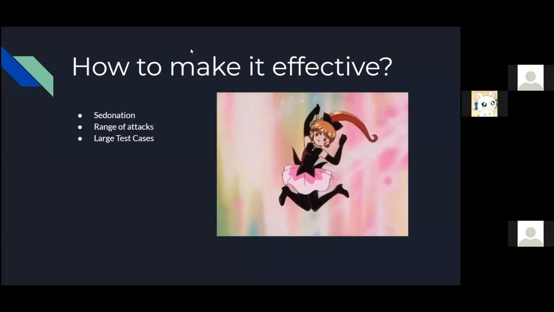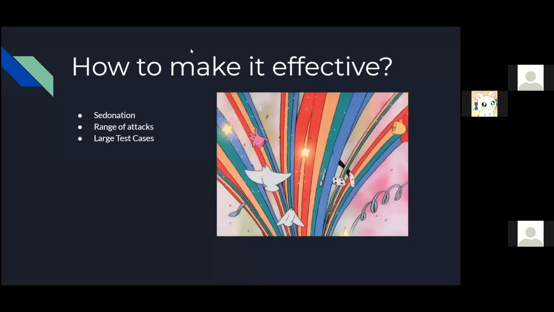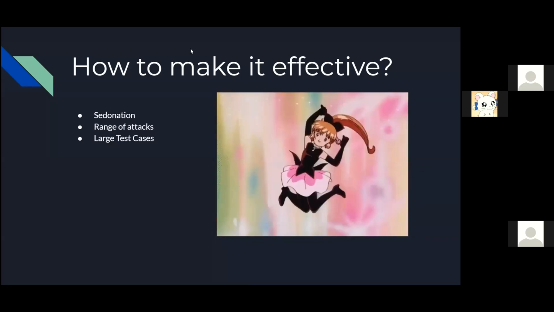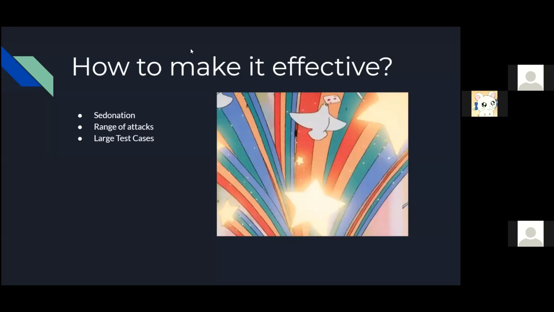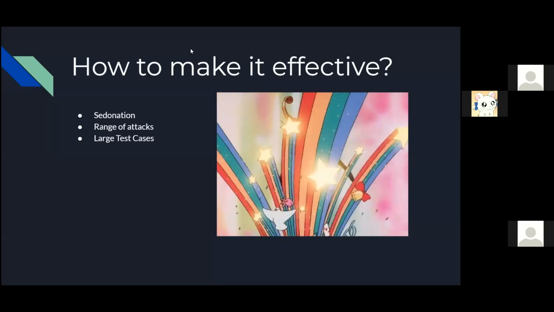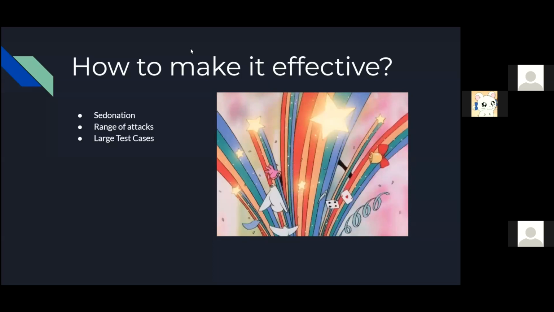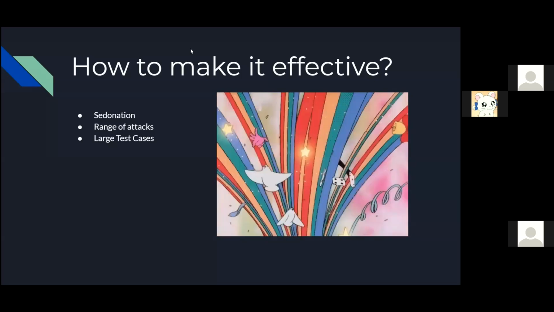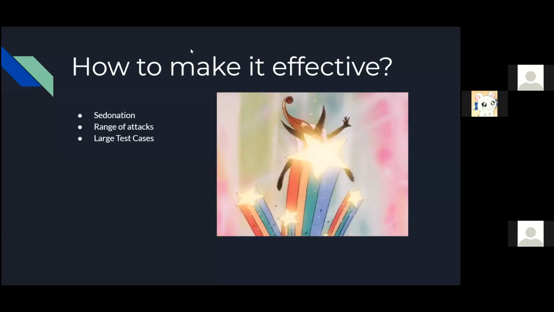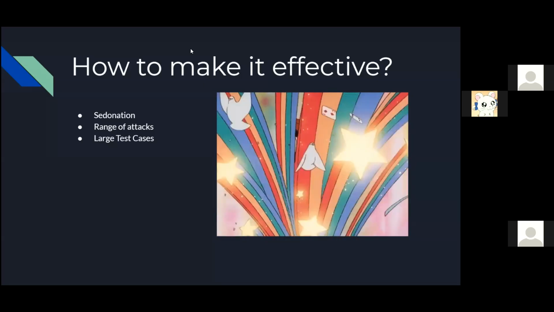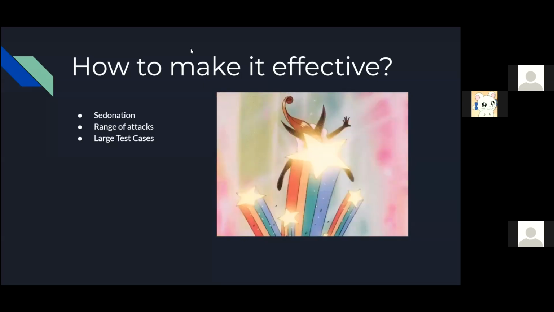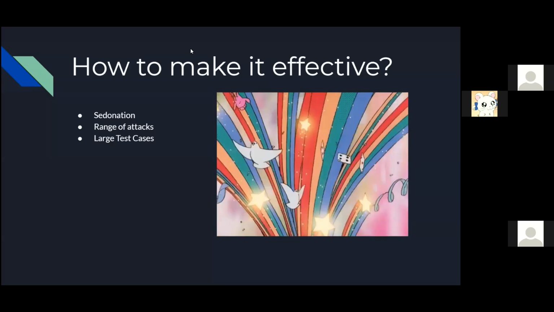Also, large test cases. When I made this, probably the most critical thing I wanted to implement was redundancy. The thing is, there are so many different ways you can make a binary and so many different ways you can do stuff in assembly that the entropy makes it not a question of if something will break, it's when and what you're going to do about it.